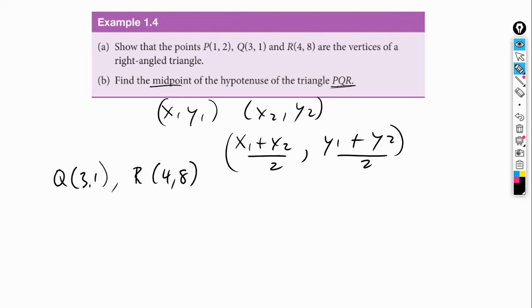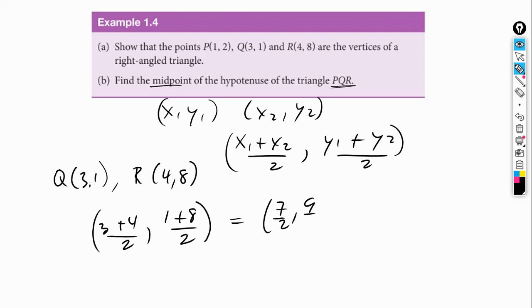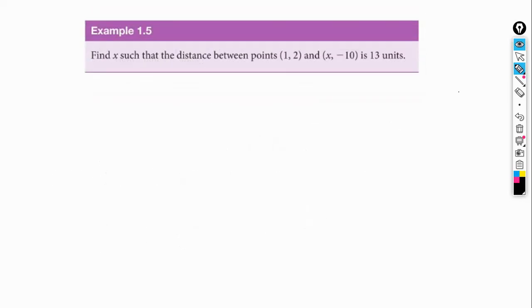So the midpoint of the hypotenuse would be given by 3 plus 4 over 2, comma, 1 plus 8 over 2. And this is going to equal 7 halves, comma, 9 halves, which is the midpoint of the hypotenuse. And this was part B of example 1.4.